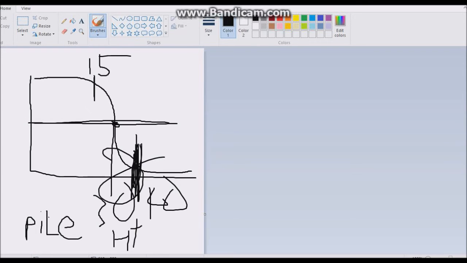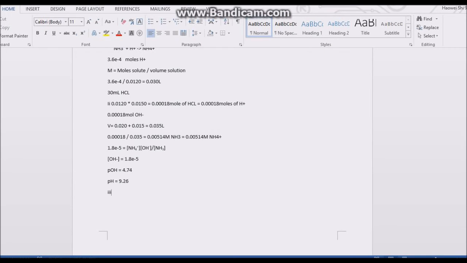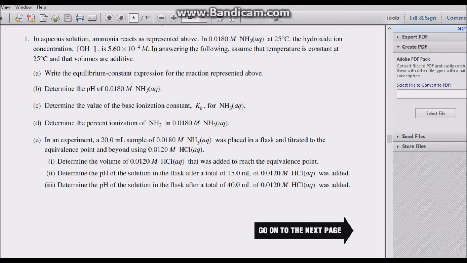Alright, so it just piles up, making the solution more acidic.